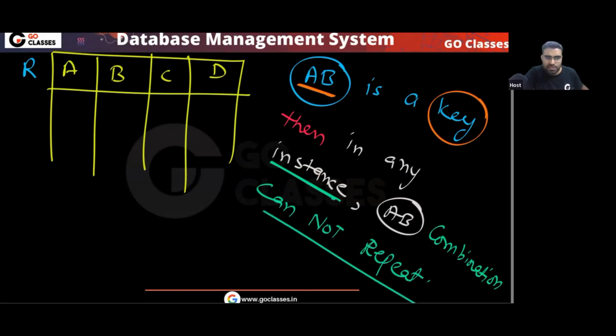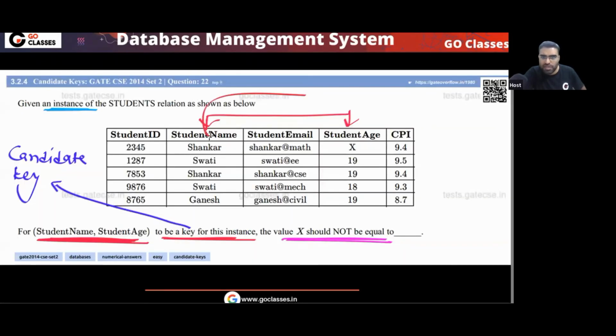So for every two tuples, the AB combination will be different. If you want this combination to be a key, then no two rows can have the same value for these two attributes.